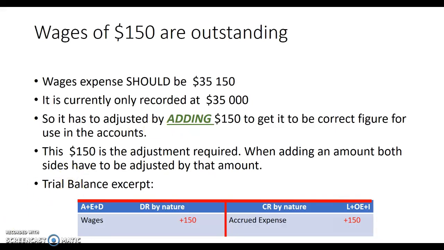If we add $150 on this side of the trial balance to one of the accounts, we have to add $150 onto the other side of the trial balance somewhere in one of those accounts. It may be one that we have to open so that we can keep the trial balance and all our accounts still balancing. So the adjustment is $150, adding on to both sides is the rule.